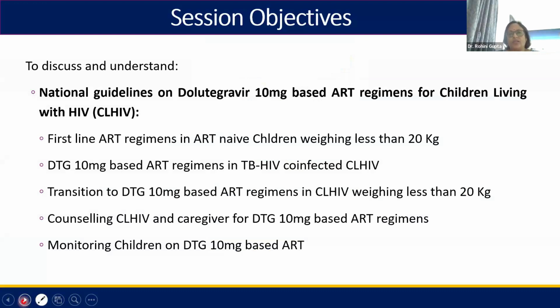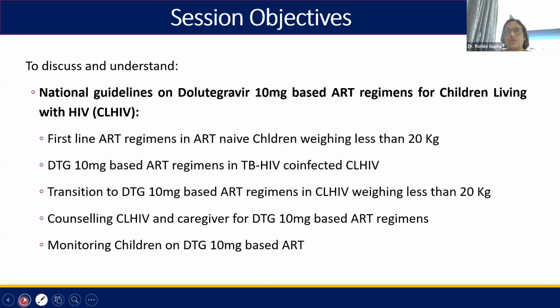We will discuss and understand what are the national guidelines on using dolutegravir 10 milligram based ART regimen in children less than 20 kgs. What is the first line ART regimen in ART naive children? What is the dosing of DTG 10 milligram in TB HIV co-infected children? What are the transitions?